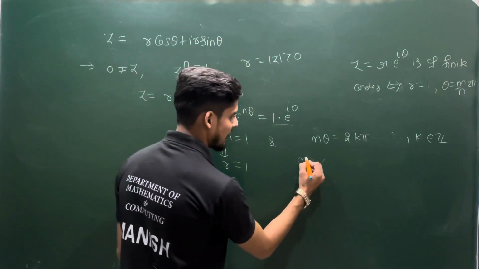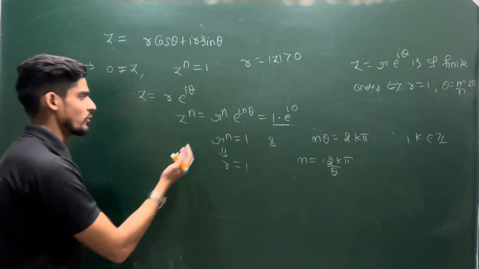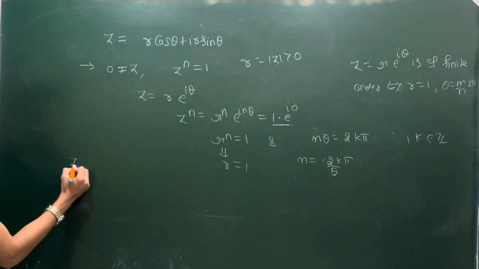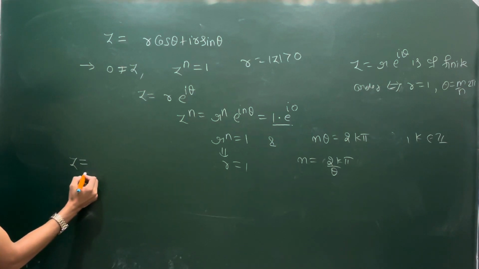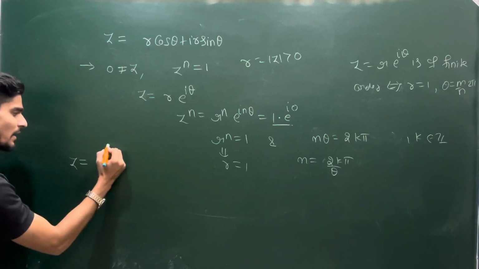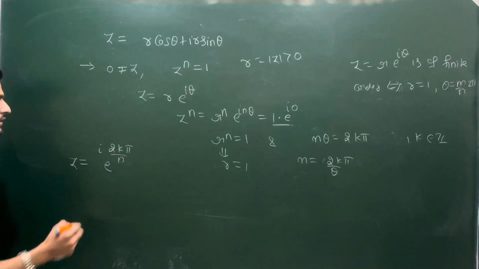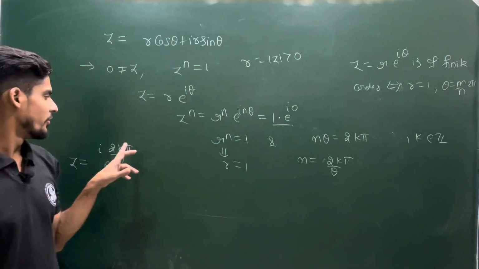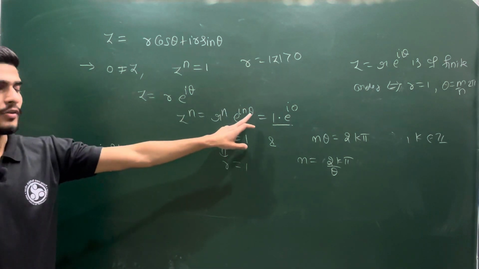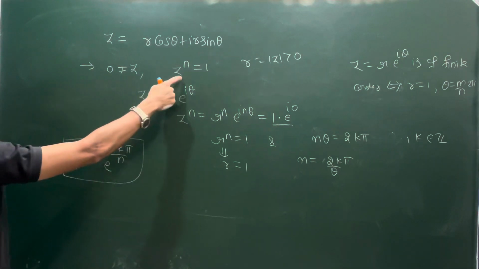And your n is 2k pi by theta. So what will your z look like? Your z will look like e power 2k pi by n into iota, where your k is varying over integers. So these are the particular solutions of this.